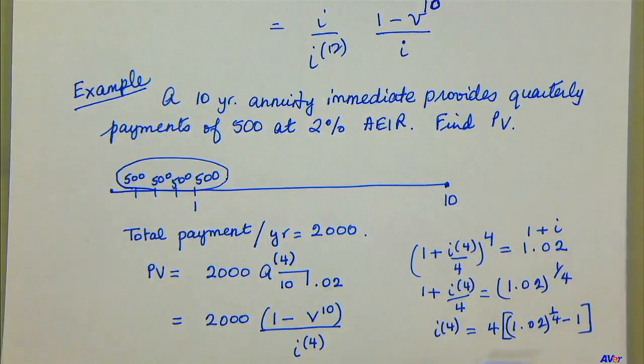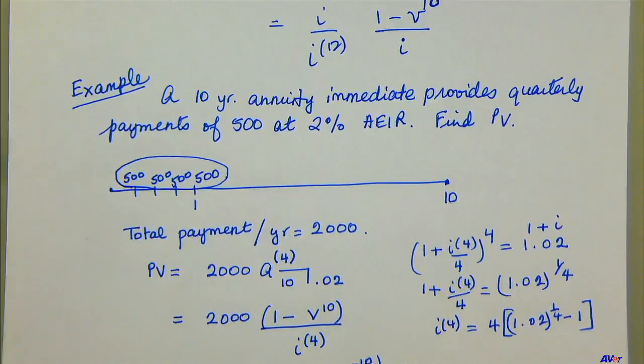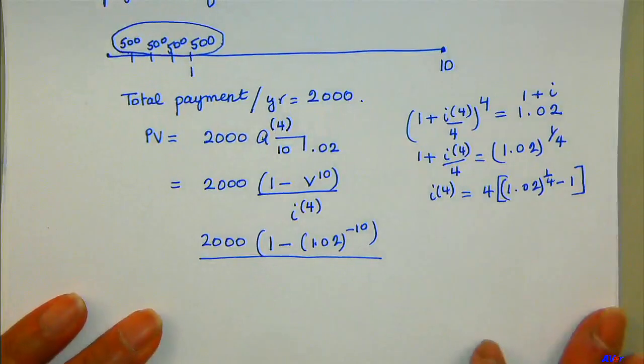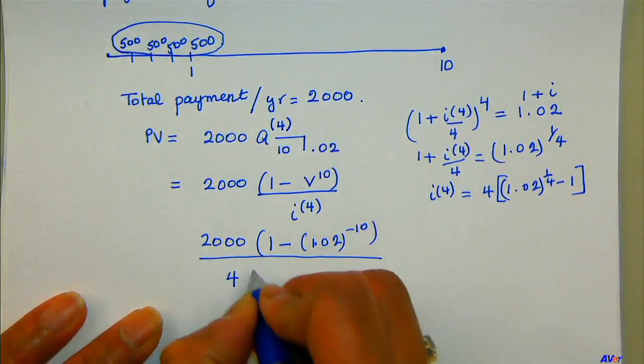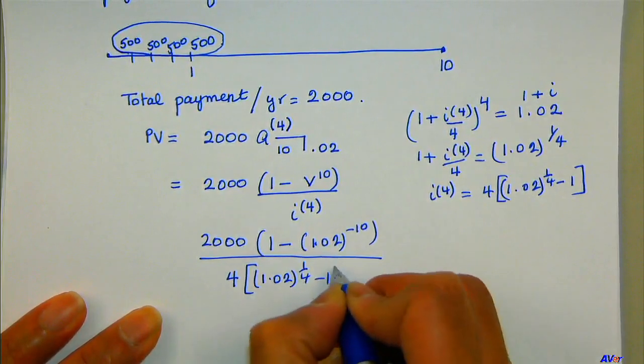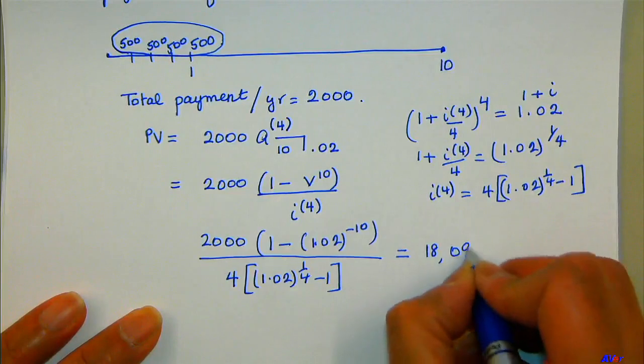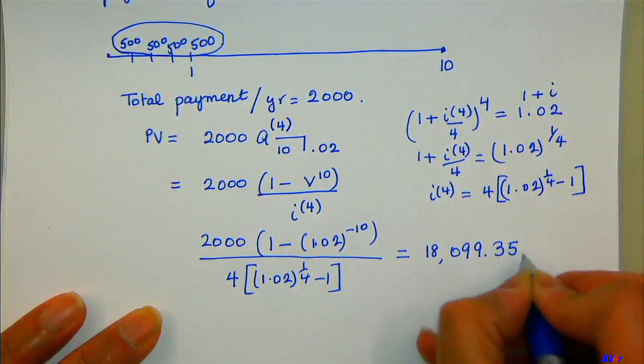So this will go on the bottom here. So 2,000 times (1 minus 1.02^(-10)) divided by my i^(4), which is 4 times (1.02^(1/4) minus 1). When I clean this up, I get 18,099.35.